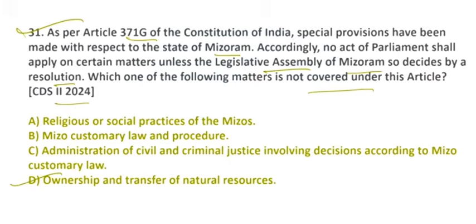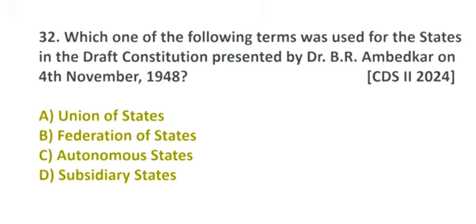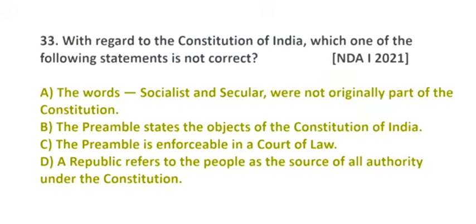Option number D, ownership and transfer of natural resources. 32. Which one of the following terms was used for the state in the draft constitution presented by Dr. B.R. Ambedkar on the 4th November 1948? Option number A is the correct answer, Union of States.